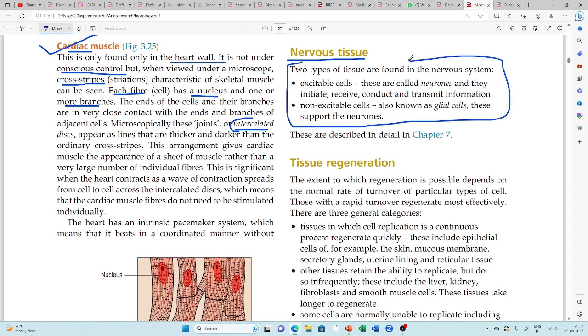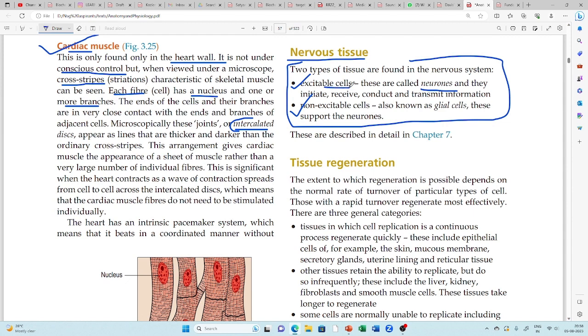We'll read that one. The structural and functional unit of the nervous system is called the neuron. Mainly two types of cells we can see: the first one is the excitable cell and the other is the non-excitable cell.